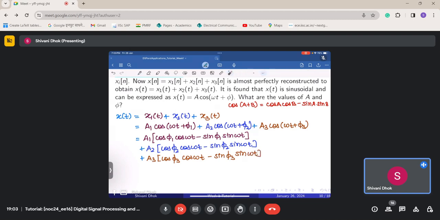Now we'll combine the cos omega t terms and the sin omega t terms.